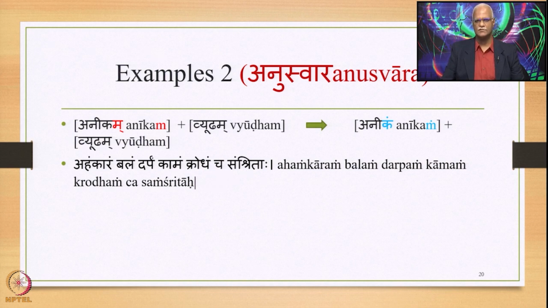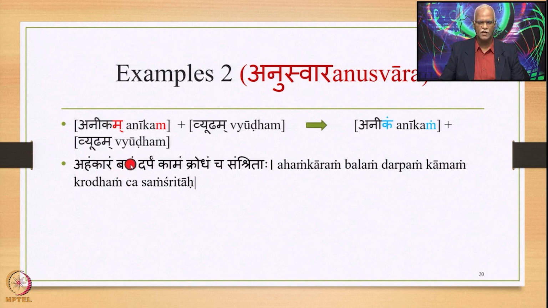So many anuswaras. Although the Parasavarna is not done in the Bhagavad Gita, those who recite Srimad Bhagavad Gita tend to pronounce this anuswara as a Parasavarna by making the optional Parasavarna sandhi. And so they say ahankaram balan darpang kamang krodhancha samshritaha. So this anuswara is optionally pronounced as ma, which is Parasavarna of this ba.